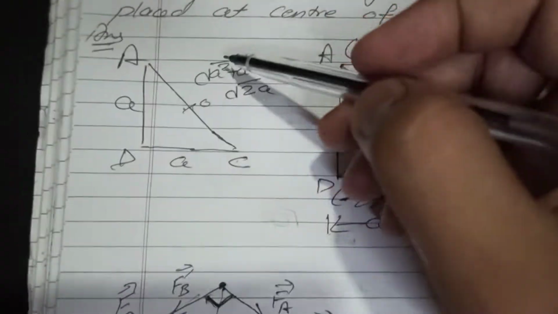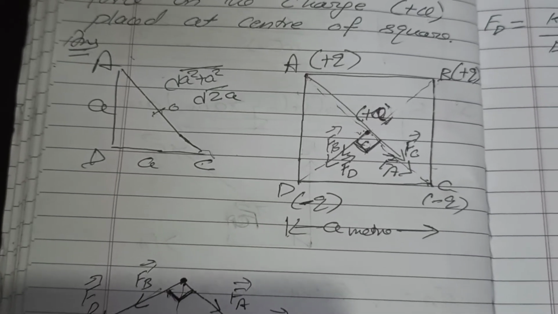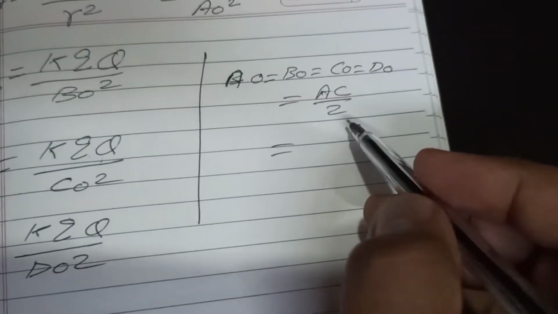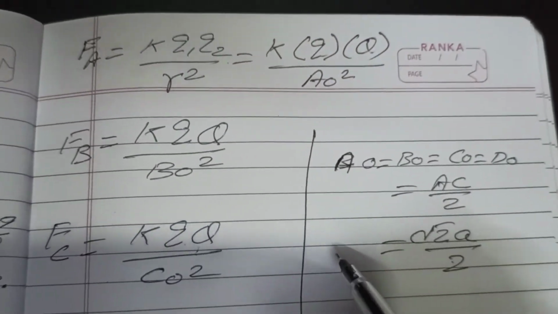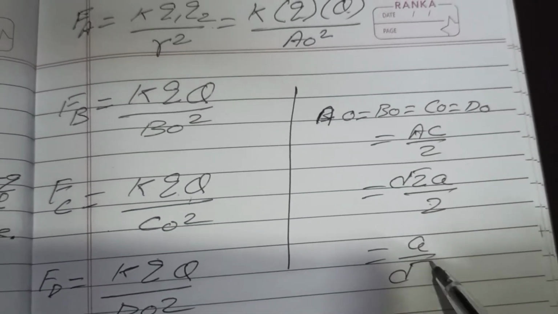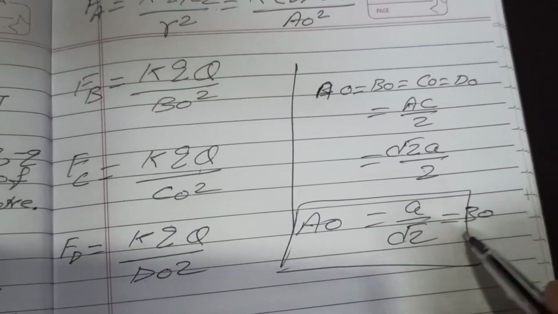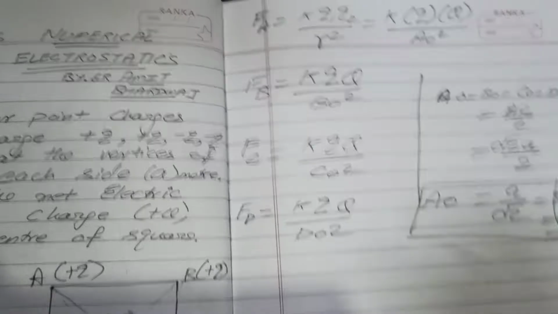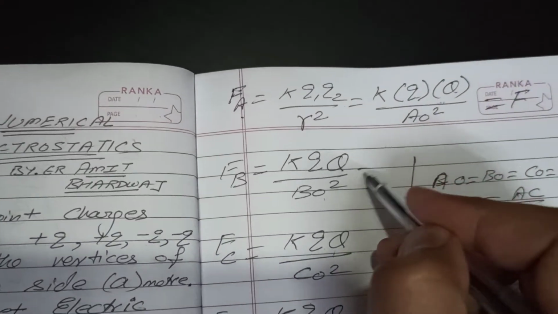Each is half of AC, and AC is root 2 a, so we use root 2 a by 2. So the distance comes a by root 2. So it is AO, or BO, or CO, or DO. We see that AO, BO, CO, DO are all equal, so the forces are all equal, and we call it F.